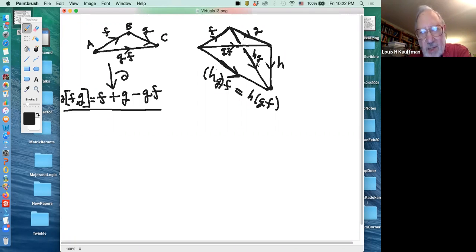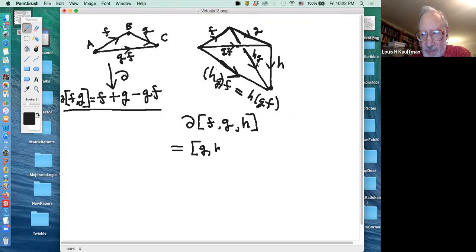And now let me write down the boundary formula for the composition, which I've written as F and then G and then H, the 3 maps. And here's what we're going to do. We're going to drop the first map to get a GH. We're going to compose in the middle in the 2 possible ways, but change sign. So if we compose here, it will be F first, and then G, which means that it has to get written in the other order.